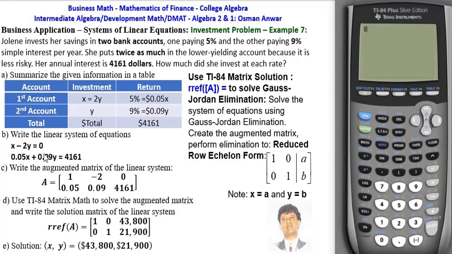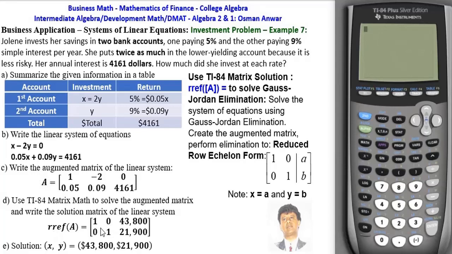We take this linear system of equations and translate it into augmented matrix A, which is the x values, 1 and minus 2, so x minus 2y is equal to 0, and 0.05x plus 0.09y is equal to 4,161. We take rref of this augmented matrix.